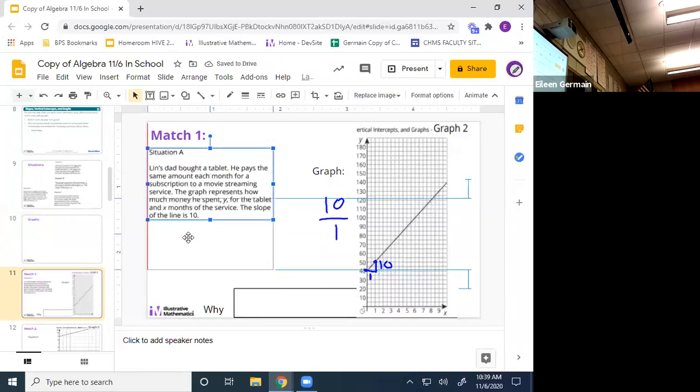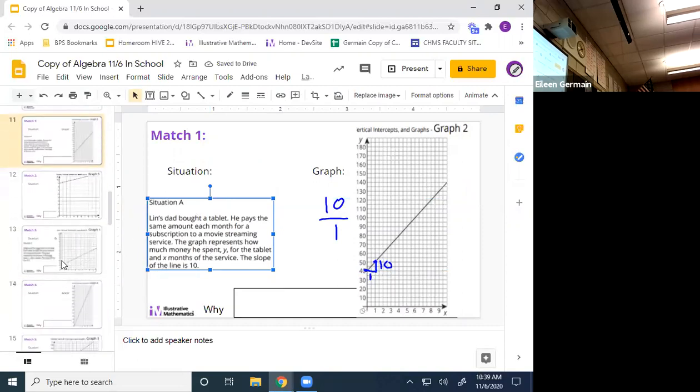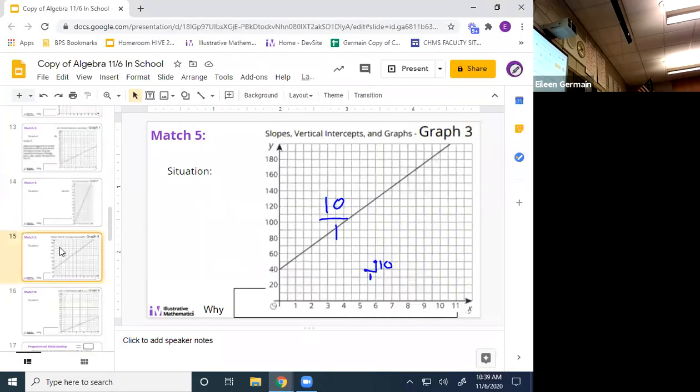Good. Now let's look at graph number 3, and I'm going to get people's predictions for the slope of this one before we go through it together. So what did we think? I want to have 3 people tell me, what is the slope of graph number 3? Max, what did you think the slope for graph number 3 was?